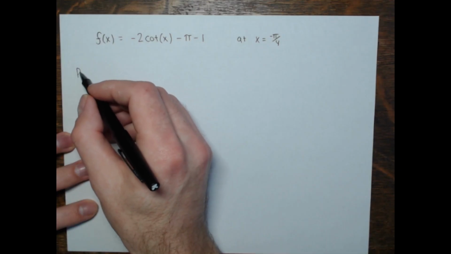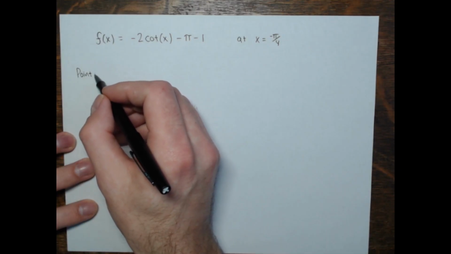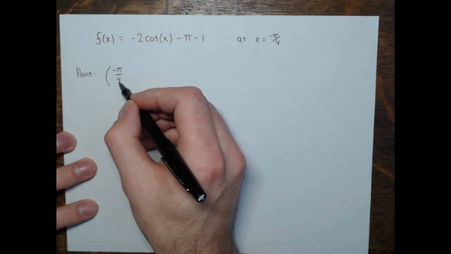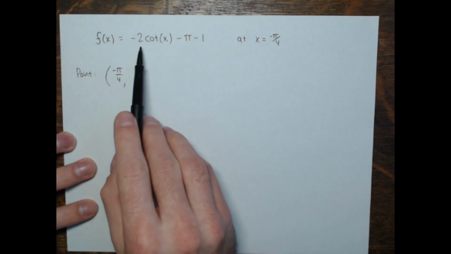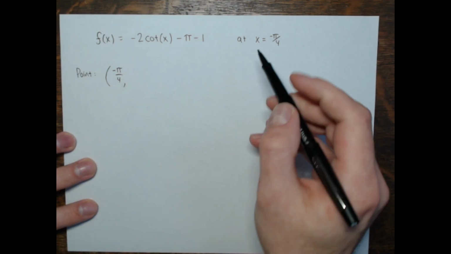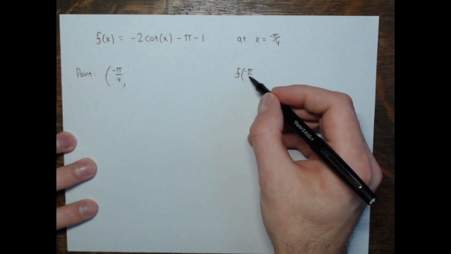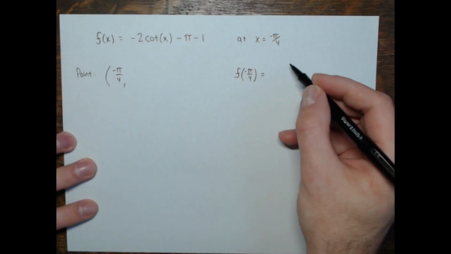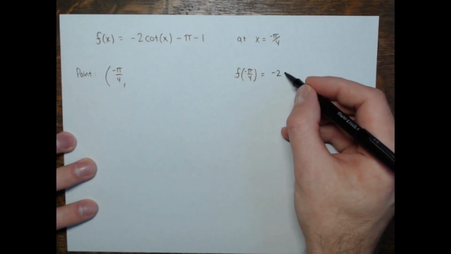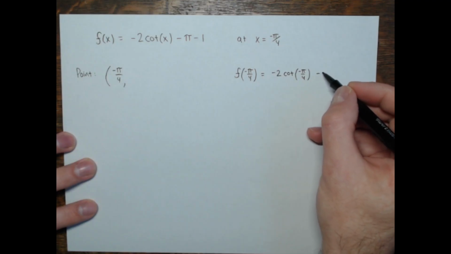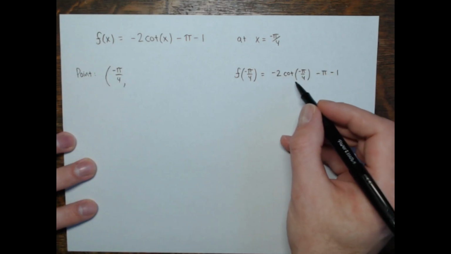So first, the point. So -pi/4 for the x coordinate, right? And then when I plug -pi/4 in, I'll do it over here. F of -pi/4 would be -2 times the cotangent of -pi/4, and then you got minus pi minus 1.